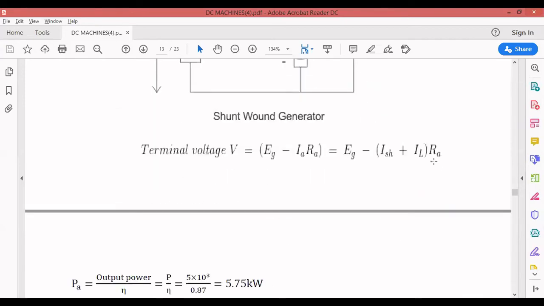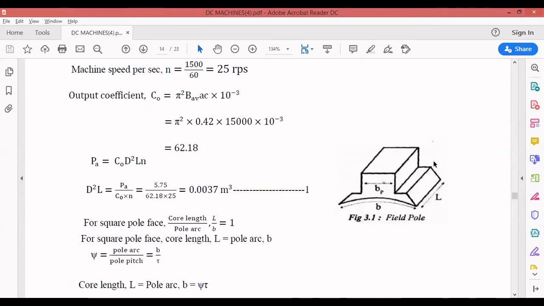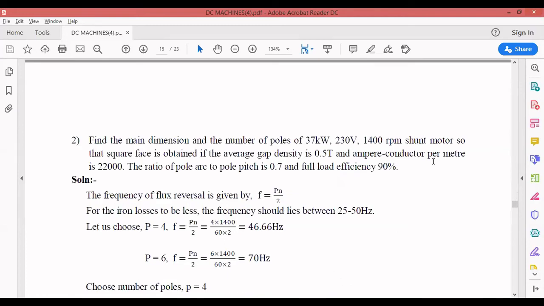Now, come to the second problem. Find the main dimension and the number of poles of a 37 kilowatt, 230 volt, 1400 RPM shunt motor, so that square phase is obtained, if the average gap density is 0.5 T and ampere conductor per meter is 22,000.